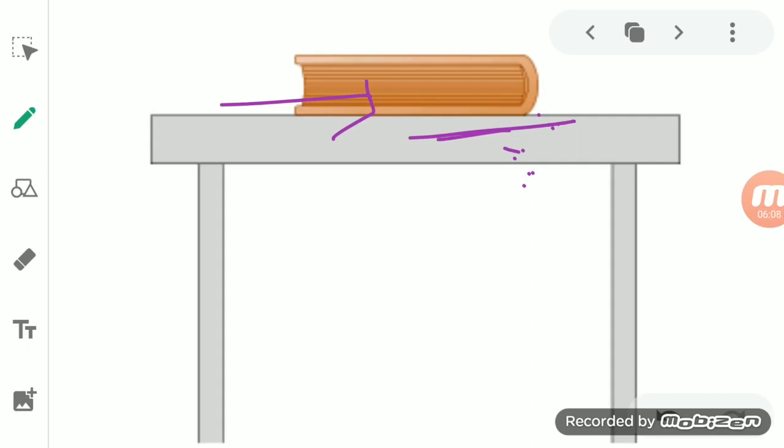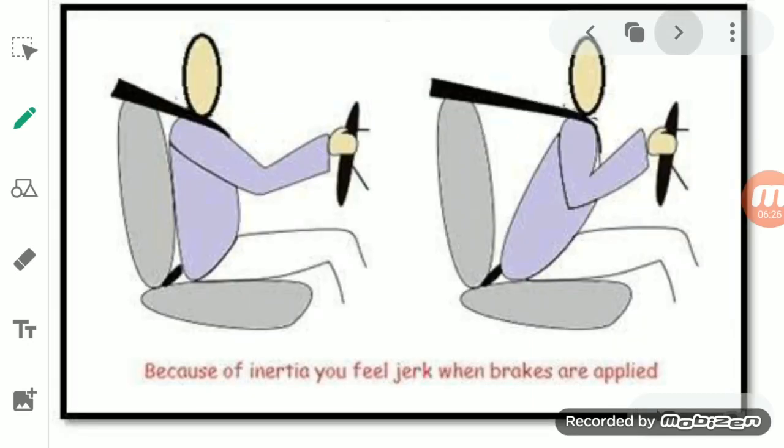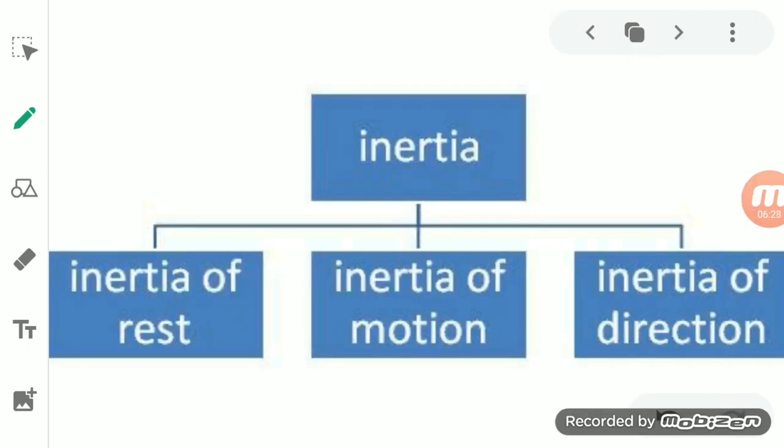The tendency of a body to remain stationary, or if moving, to continue moving in a line, we use a term for it, and that is inertia.